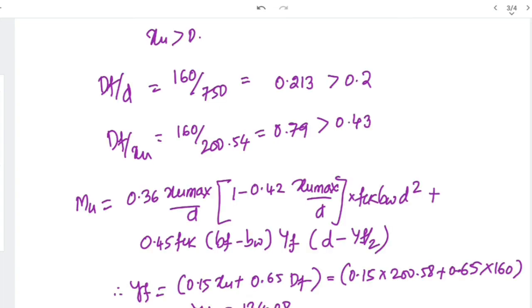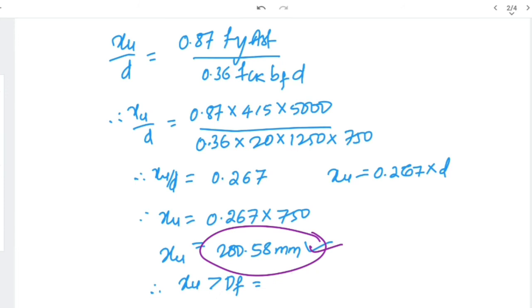Now substitute all the values in this Mu equation. So we'll switch to this page. Mu is equal to 0.36 XU by D. XU by D is already calculated, that is 0.267.